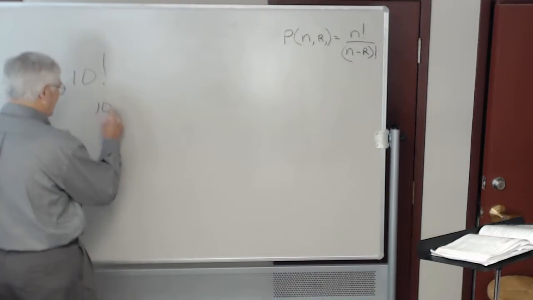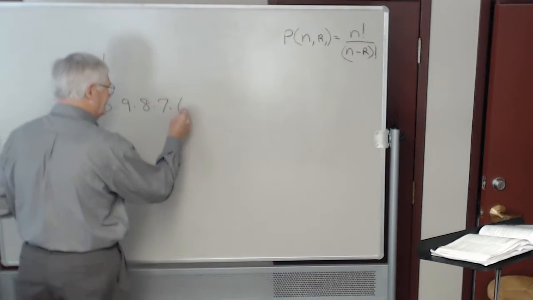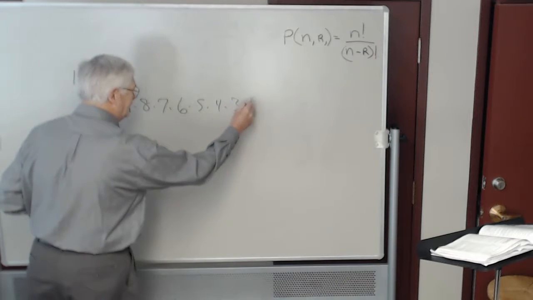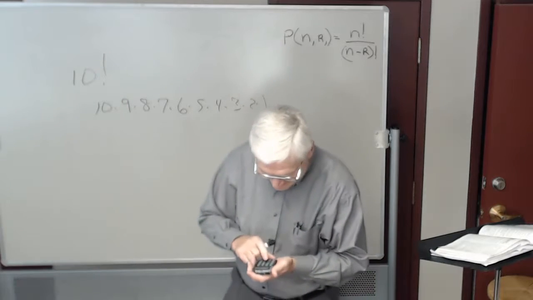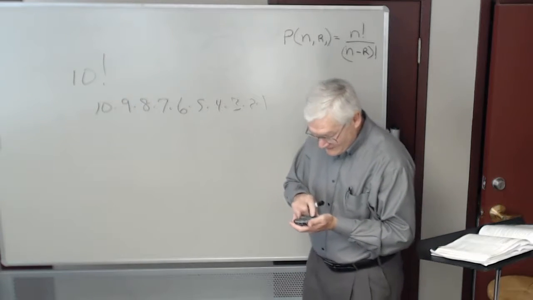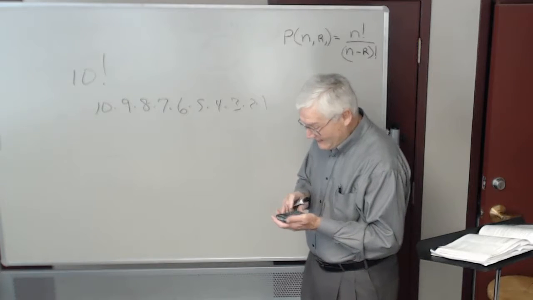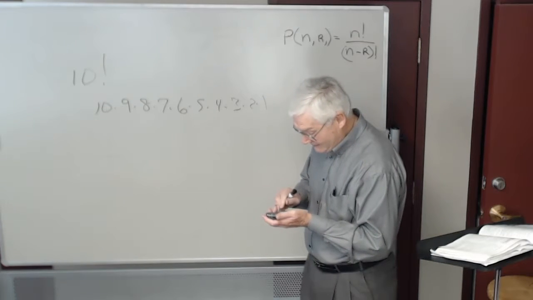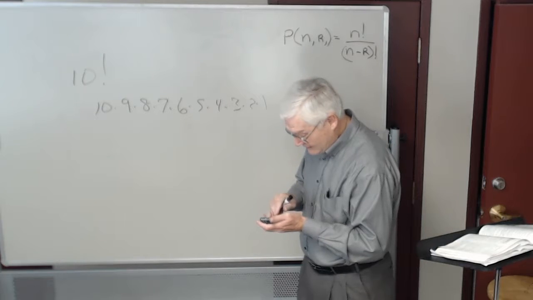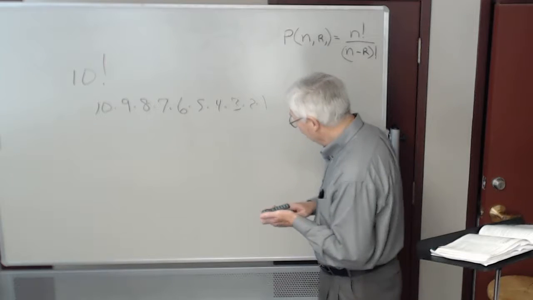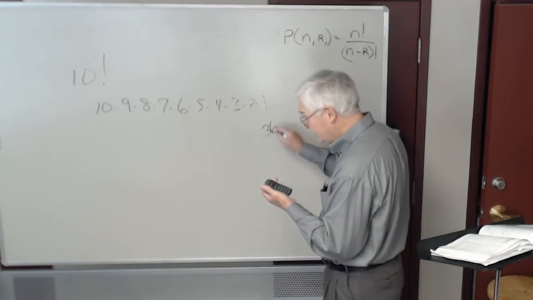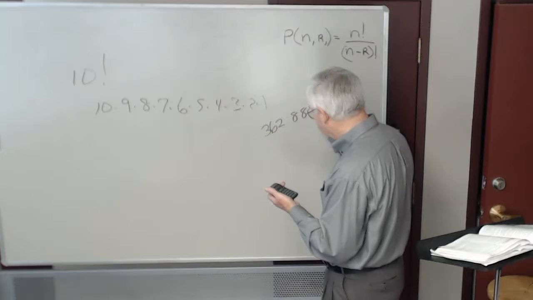10 factorial. Which means what? 10 times 9 times 8 times 7 times 6 times 5 times 4 times 3 times 2 times 1. And what does that come out to be? I don't have that on mine, so I'm going to have to just go 10 times 9 times 8 times 7 times 6 times 5 times 4 times 3 times 2 times 1 equals, did you all get this number? 3628800.